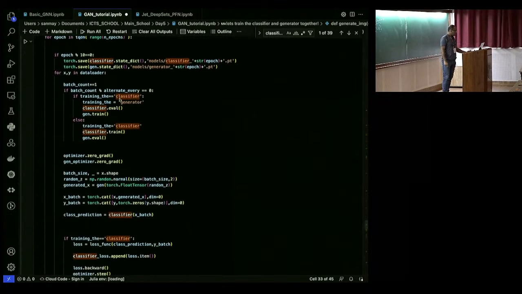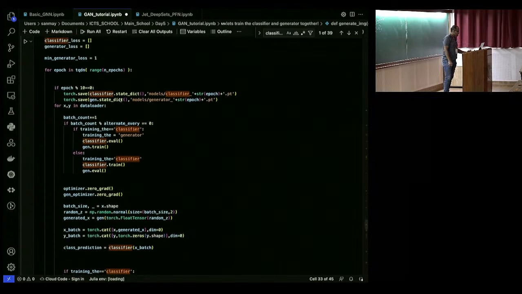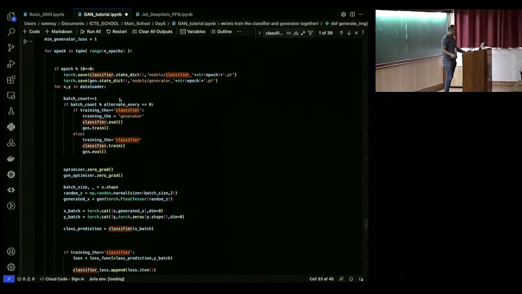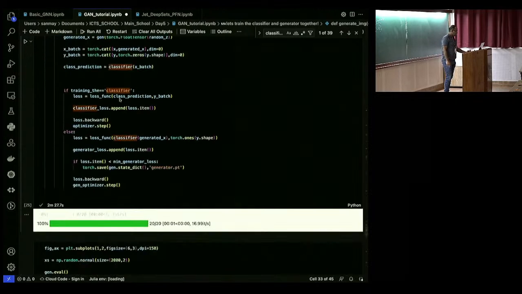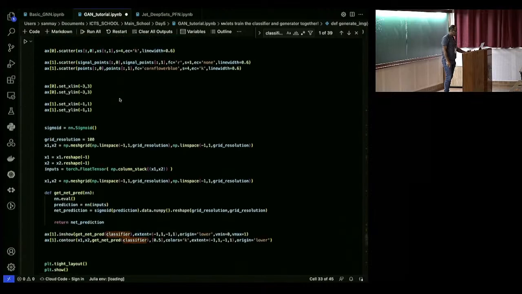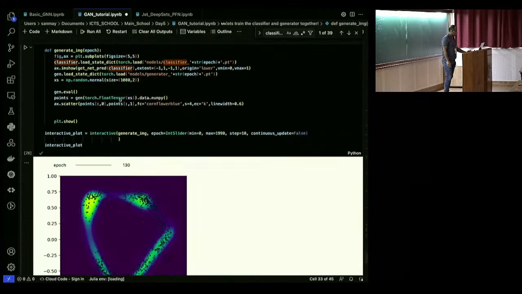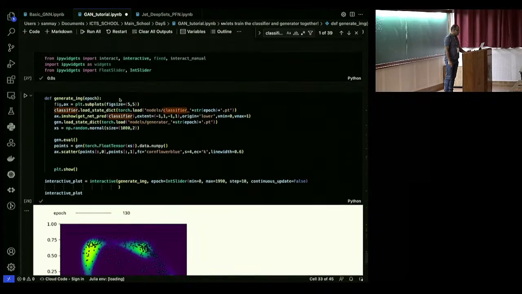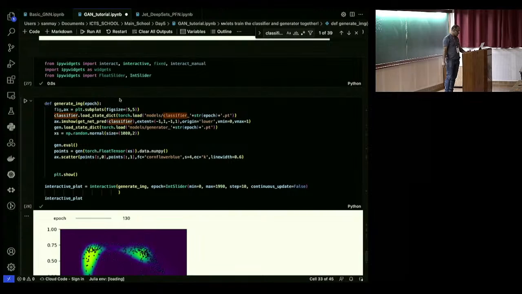Now, you can see that there is a classifier loss and a generative loss, which are these two parts. I won't go into detail, but once you do enough training, you will see that you start producing the results.